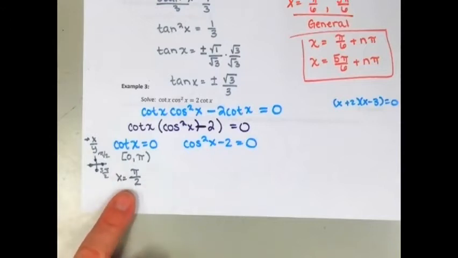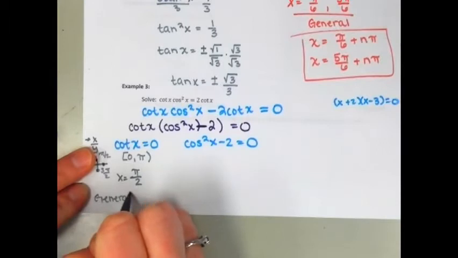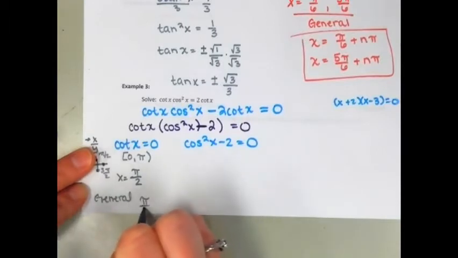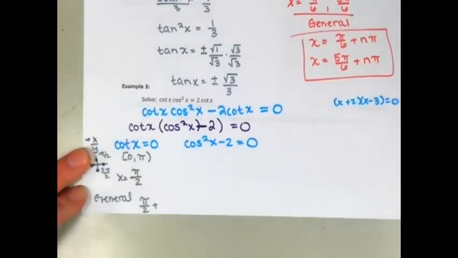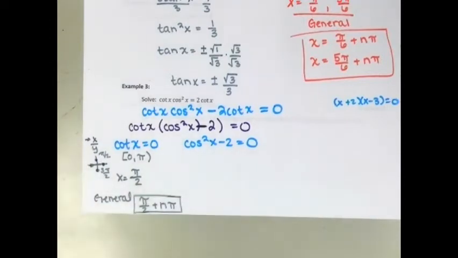So we know this is just pi over 2. So in our general solution, it's cotangent. So what are we going to add to that? Is that 2n pi or n pi? N pi. Why? Because it is cotangent, which is the same as tangent, right? Just kind of flipped.